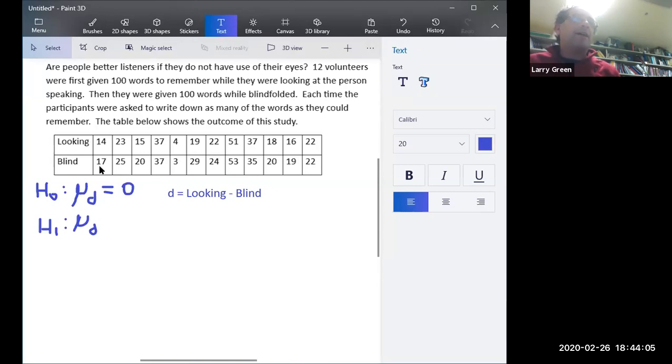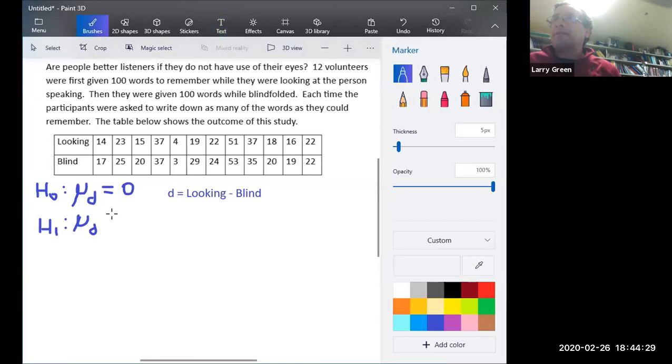Any questions on that? Okay, that's hard for a lot of people, so I wanted to really emphasize. You can do 14 minus 17 because that is a case where blind is more than looking, better memory. So you find a case that's true, do the subtraction, and that's less than 0. Had it been greater than 0, then it's a greater than. But this is a less than 0. Any questions so far?